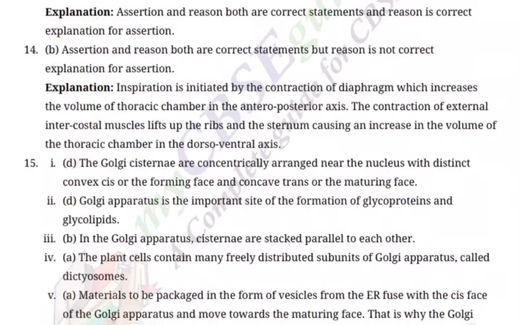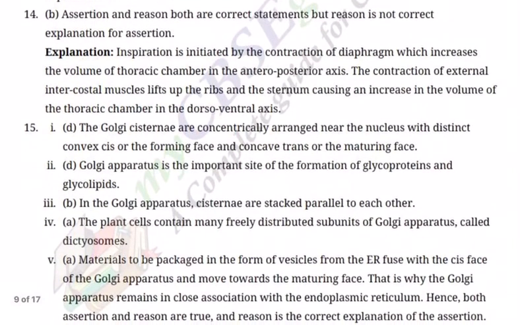So question number 15, the first question is, the Golgi cisternae are concentrically arranged near the nucleus with distinct convex cis face forming phase and concave trans face the maturing phase. Question 2.